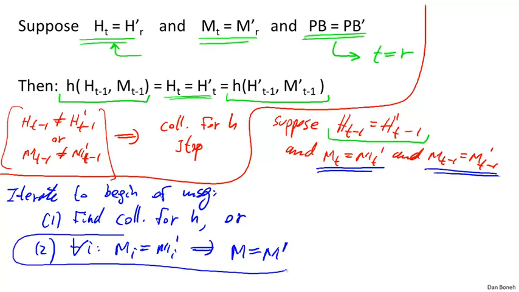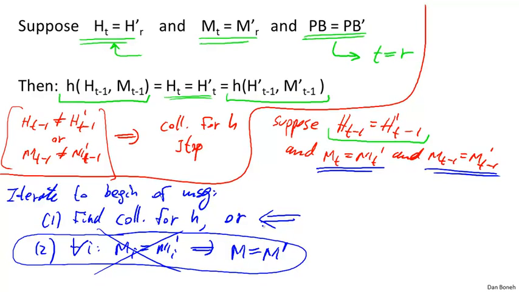So this condition over here can't actually happen because it contradicts the fact that m and m prime are a collision for the big Merkle-Damgard function, capital H. And as a result, as we work our way from the end of the message all the way to the beginning, at some point we must find a collision for little h.